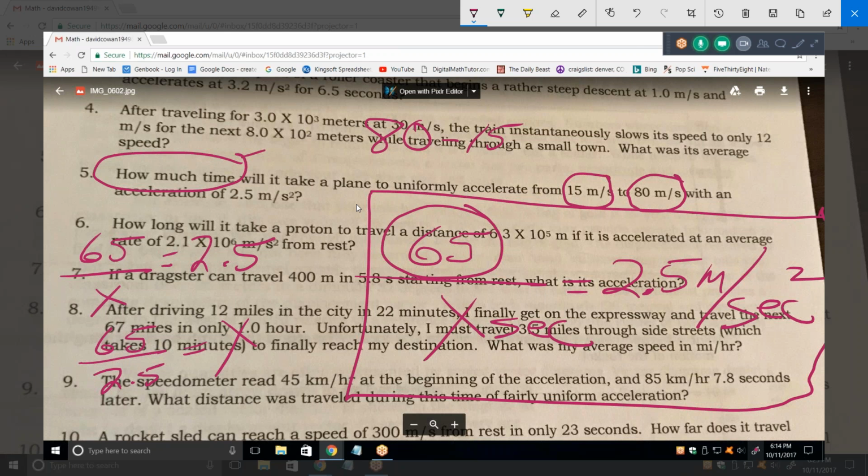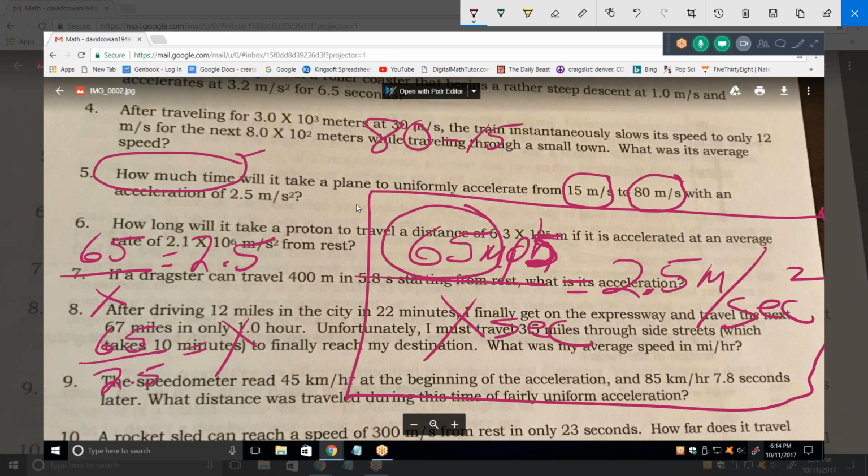You don't always have to carry forth all of the units. They can make it kind of complicated. In other words, that's actually 65 meters per second divided by x seconds, which gives you meters per second squared.